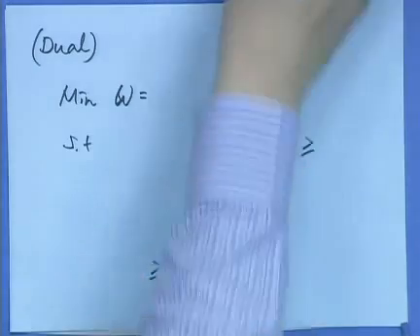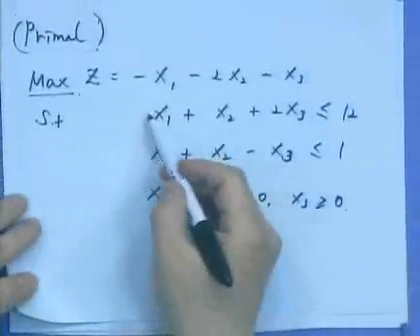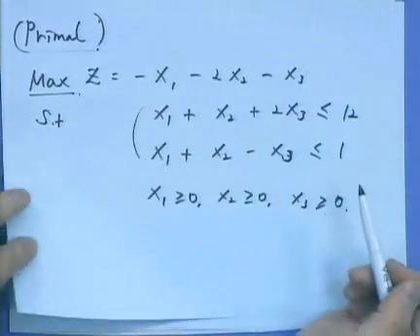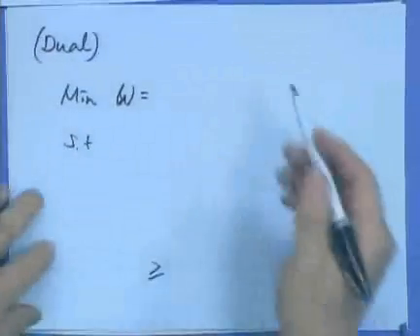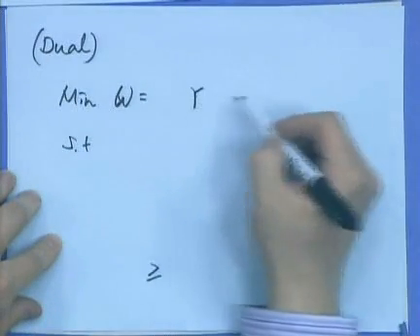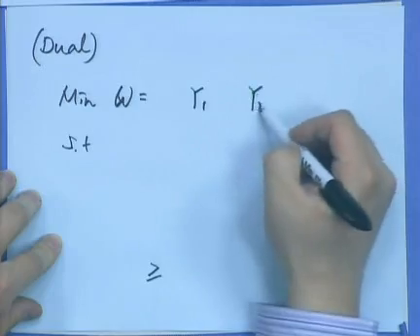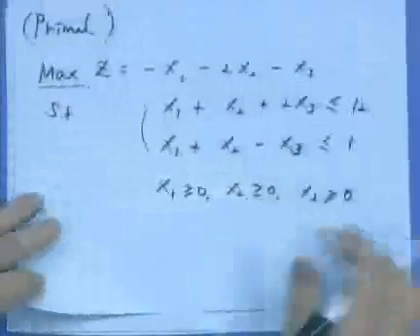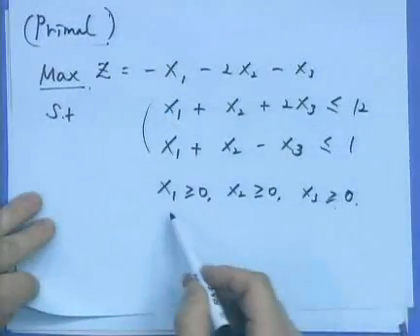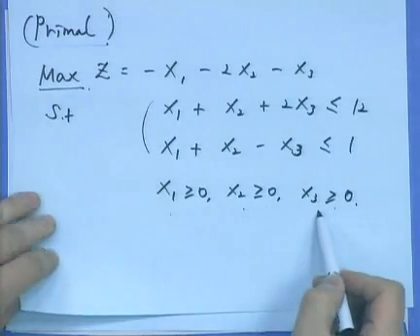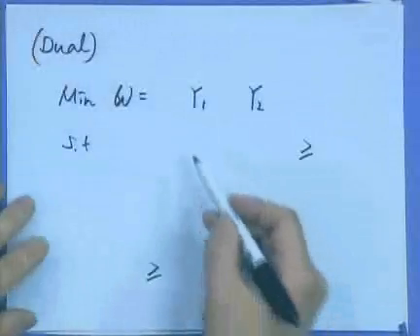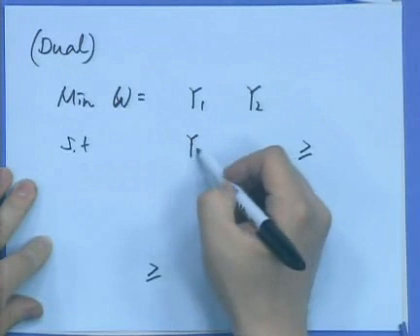And because the primal problem has two constraints, in the dual problem we will have two decision variables. And in the primal problem, we have three decision variables, which means in the dual problem we will have three constraints.